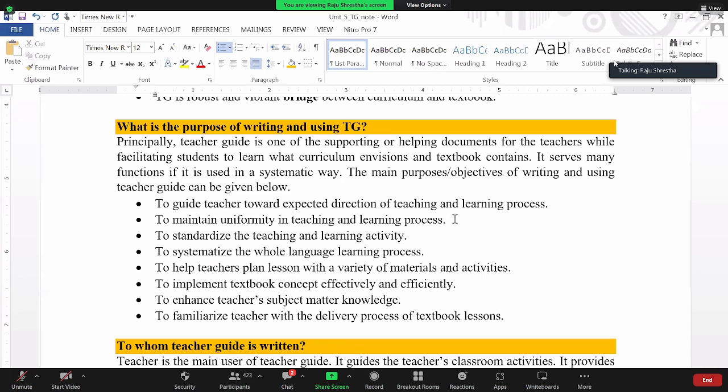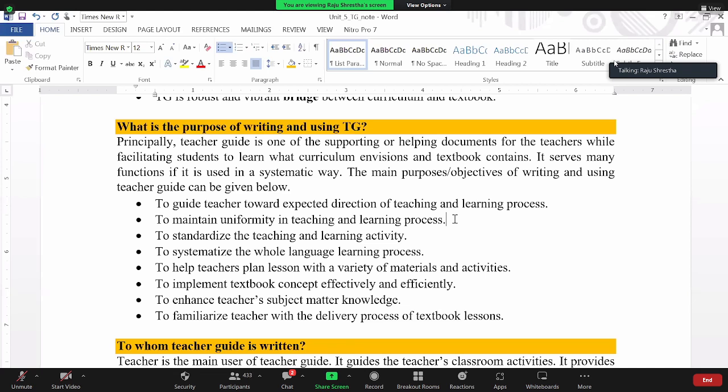Then there will be uniformity in teaching and learning process across the country, in different parts of the country. The same teaching and learning process will be adopted, and there will be uniformity and consistency in teaching and learning process. So for the uniformity and consistency, TG is a useful document, supporting document, helping document.